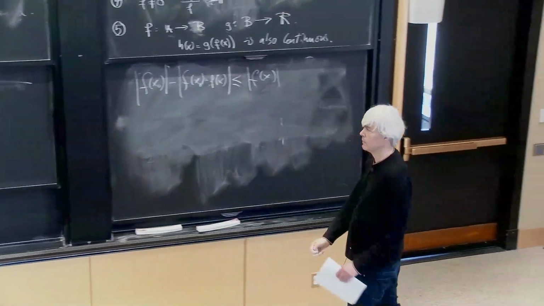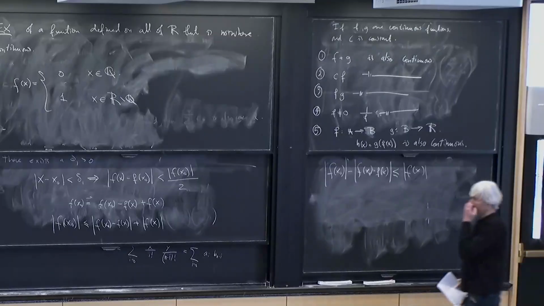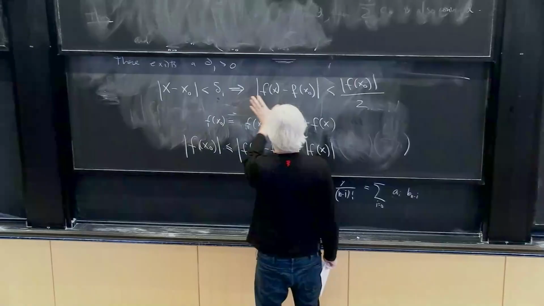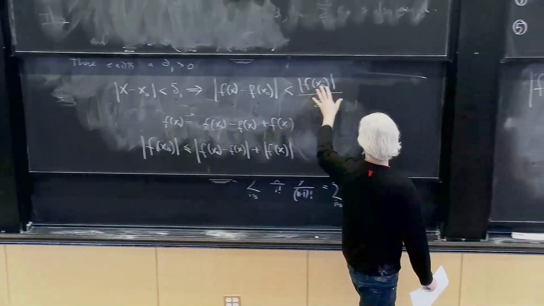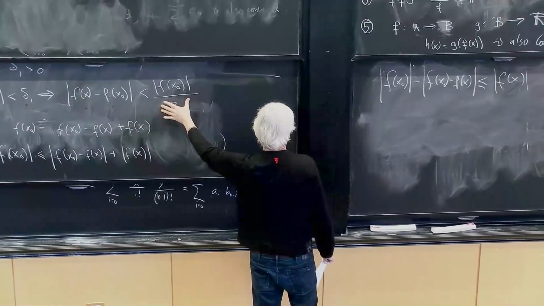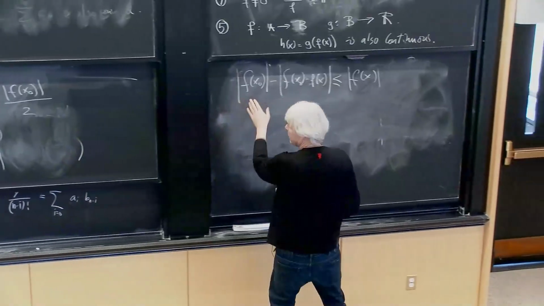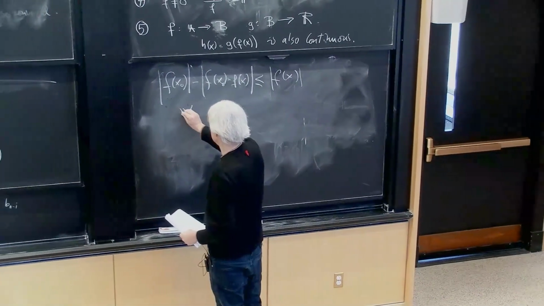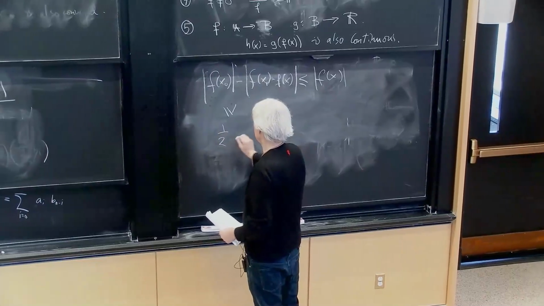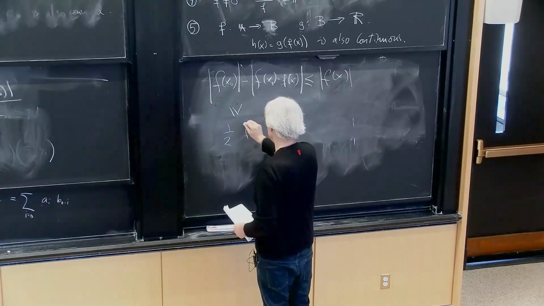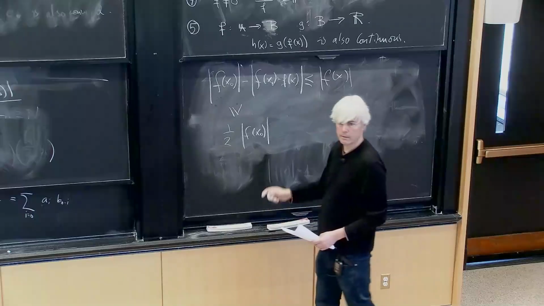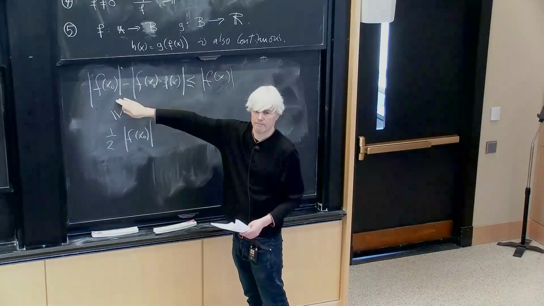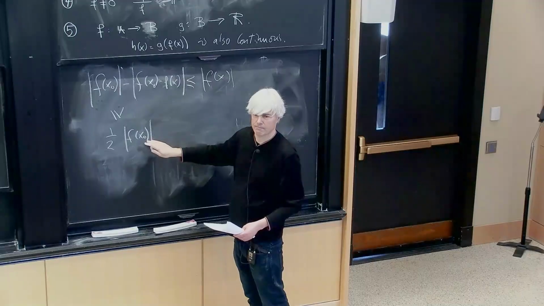But if I make x and x0 delta 1 close to each other, then this difference is actually less than this thing here. So there's still another half. You see, this one must be bigger or equal to 1/2 of the absolute value of f of x0, because this difference takes up strictly less than half of this thing. So there's still another half left.